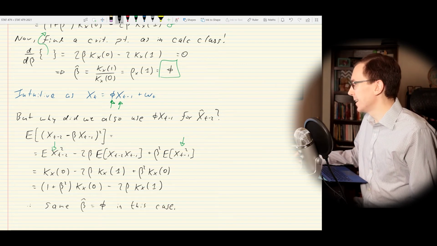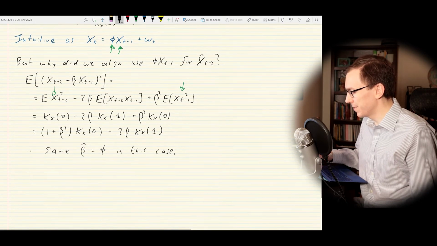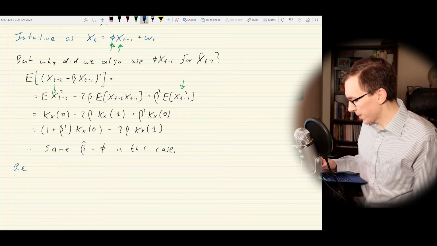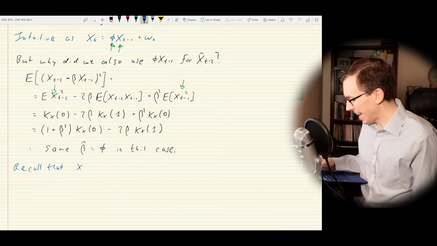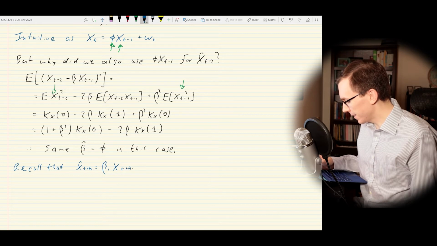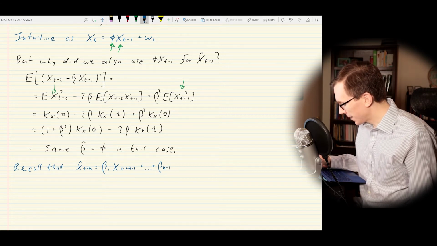And I mentioned that way back in the previous lecture, the first of this two-part series, where I recall saying that x hat t plus h is just going to be some linear combination of the intermediate terms that looks like this, up to x t plus h minus 1.